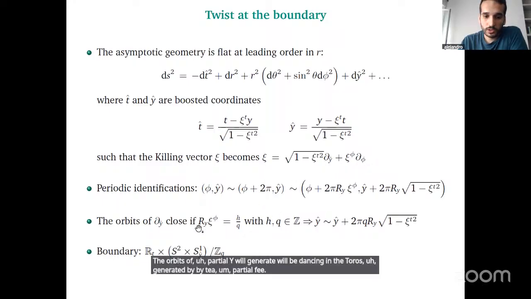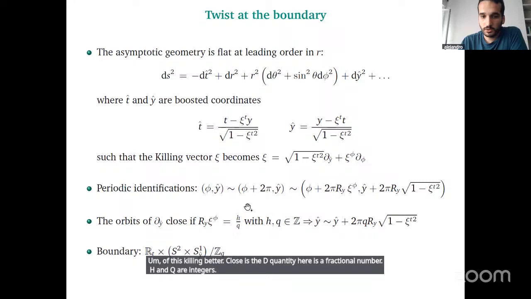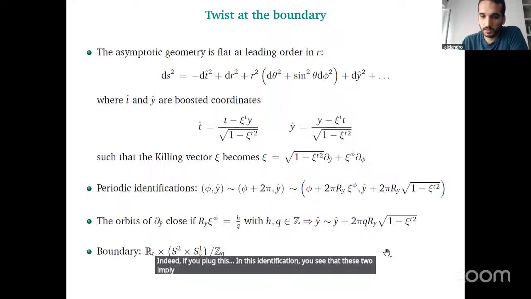The general condition that ensures that the orbits of this Killing vector close is that this quantity here is a fractional number, where h and q are integers. Indeed, if you plug this into the identification, you see that these two imply this third one.